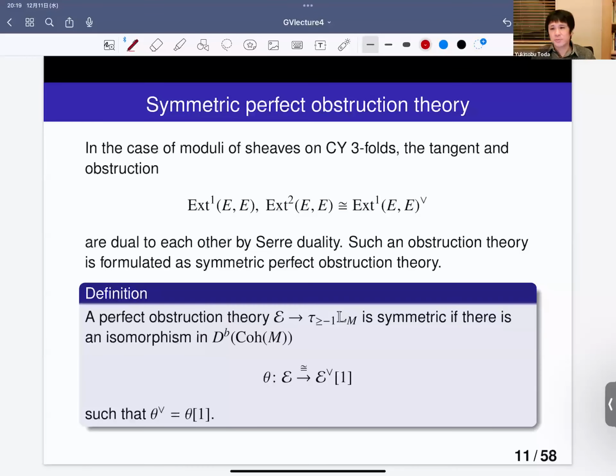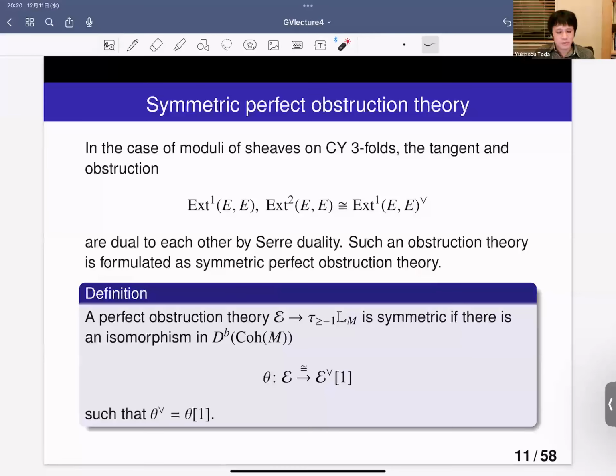That is, it has some symmetric property. As I explained, in the case of a Calabi-Yau threefold, the tangent space and the obstruction space are dual to each other by Serre duality and the Calabi-Yau condition. And such an obstruction theory is formulated as a so-called symmetric perfect obstruction theory.